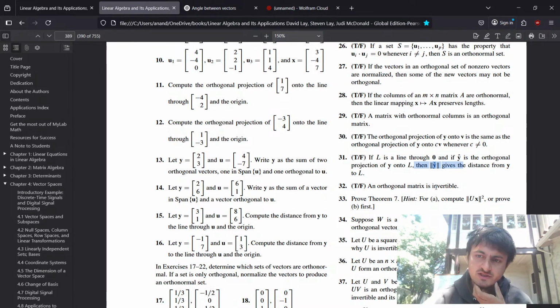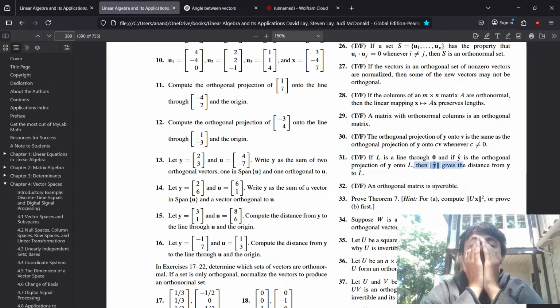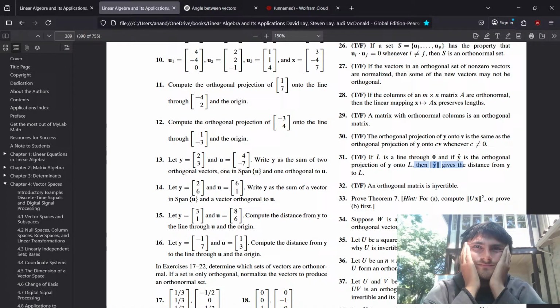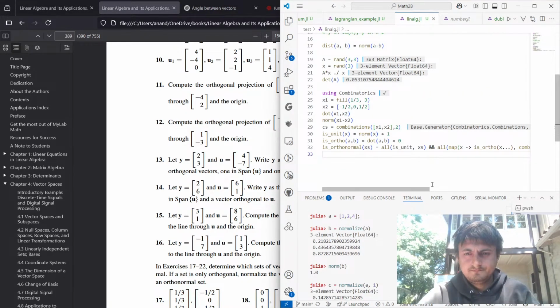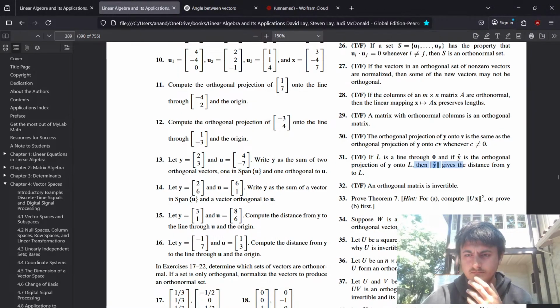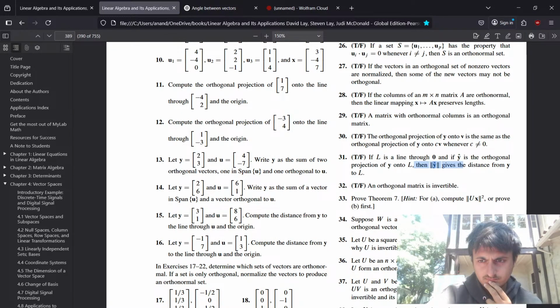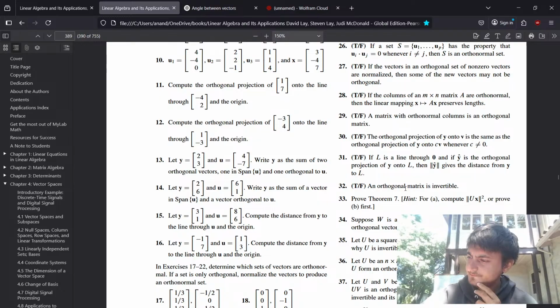An orthogonal matrix is invertible. I think that's true.